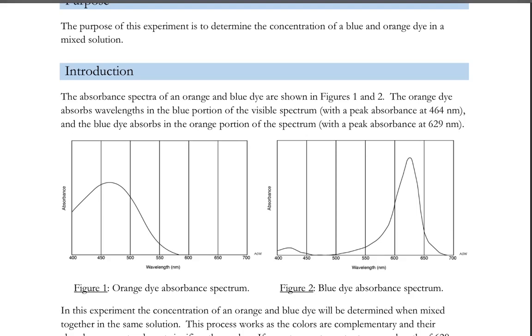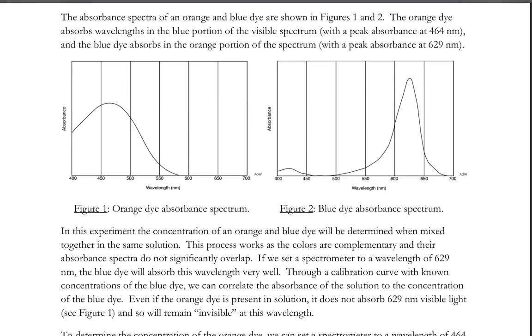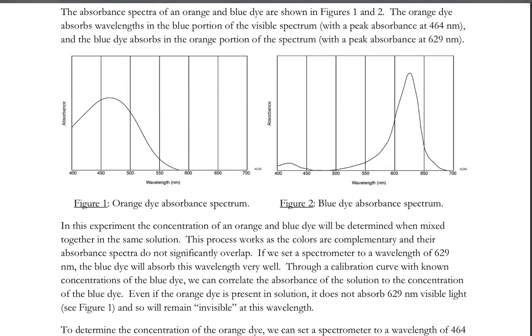We can do that with spectroscopy because where these two materials, the orange dye and the blue dye, absorb light, their analytical wavelengths are quite different. For example, in the orange dye spectrum, we see that its analytical wavelength is around 460 or so nanometers.